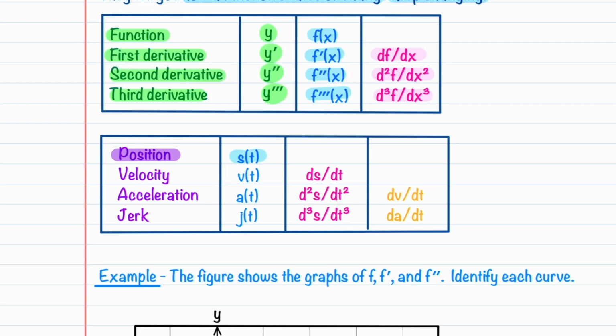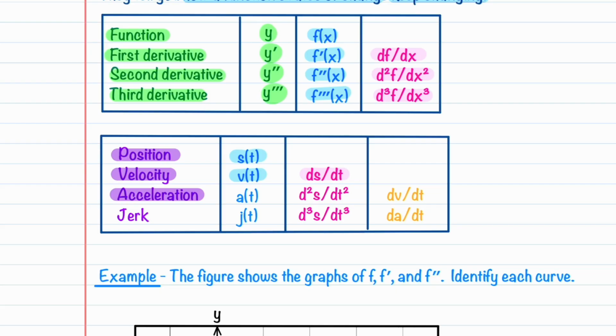A function can also represent the position of an object and be notated as s of t. Velocity is the instantaneous rate of change of position with respect to time and is notated typically as v of t or ds dt. This could also be written as s prime of t. Then we have acceleration, which is the instantaneous rate of change of velocity with respect to time.